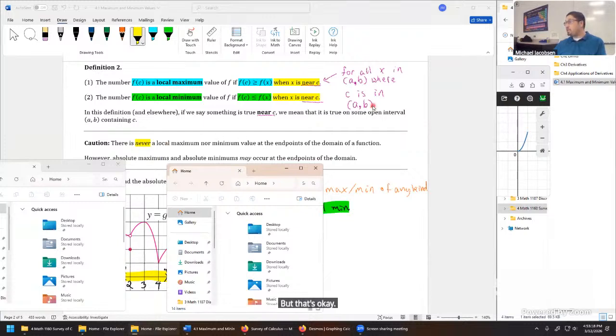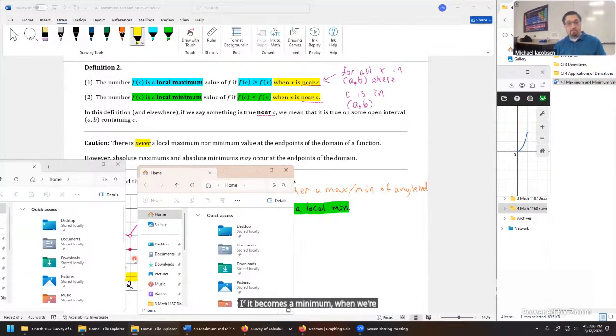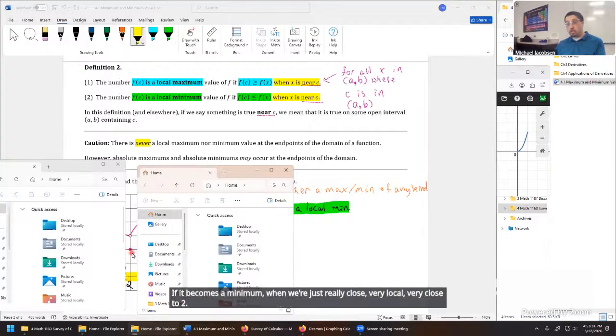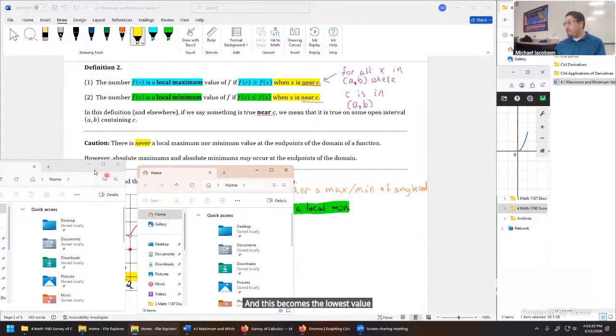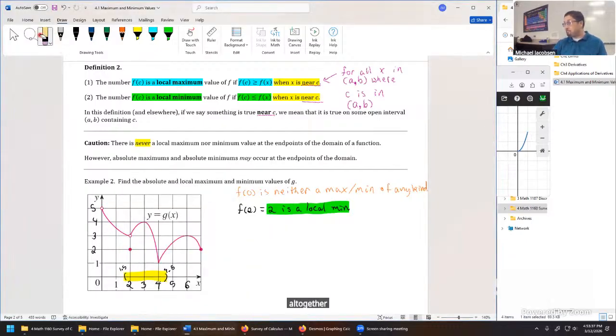If we restrict the interval tighter and tighter until it becomes a minimum when we're just really close, very local, very close to 2, and this becomes the lowest value, then that's what makes it a local minimum altogether at that point.